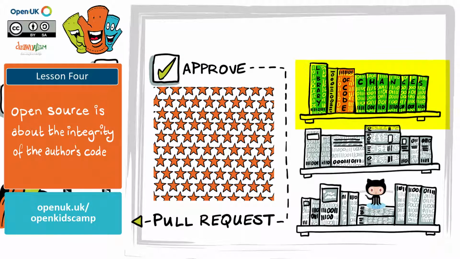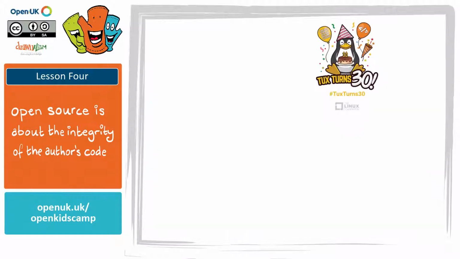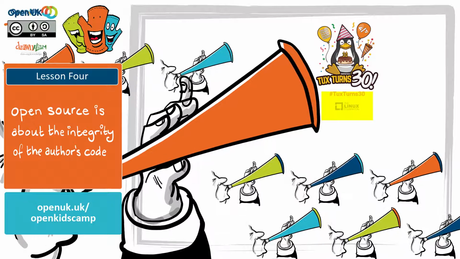The good news is that Git's not another language you have to learn. But if you want to be a developer and contribute to code, you will need to learn how to use Git. Do you remember our friend Linus Torvalds, who created Linux? Well, he also created Git.